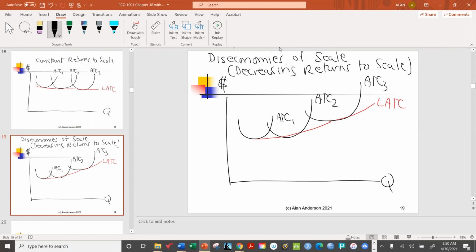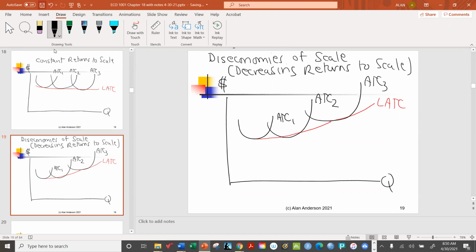In a case like this, then you would expect to see only small firms in that industry because getting bigger is actually a disadvantage. And you'll typically run into this kind of thing when the business that you're running requires very specialized inputs that are hard to obtain. And as you try to get more and more of these inputs, they become very expensive. So here, these tend to be very specialized small stores that sell something very unique because they don't want to get too big because then their costs will start to go up.